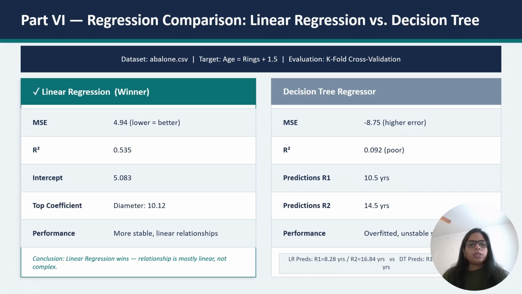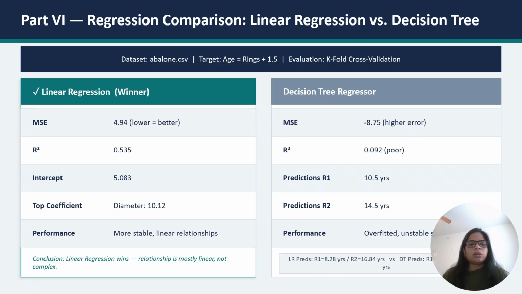Also, linear regression usually gives us more stable predictions, smoother relationships, and we are able to easily interpret the coefficients. So we can determine the linear regression model is the strongest model when compared to the decision tree. Decision trees are more sensitive to small changes in data.